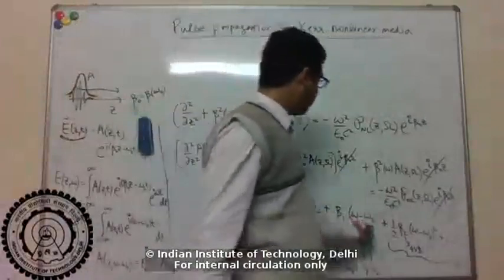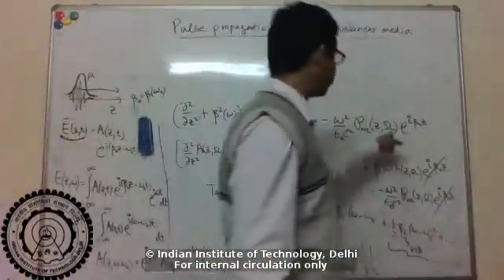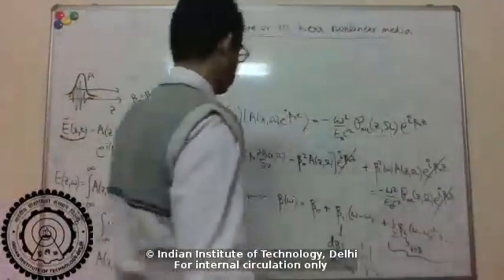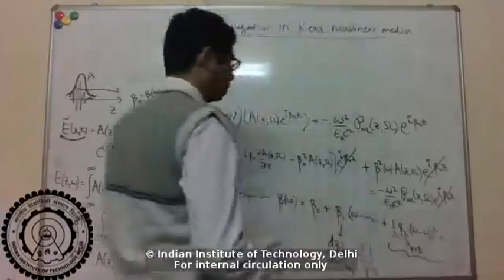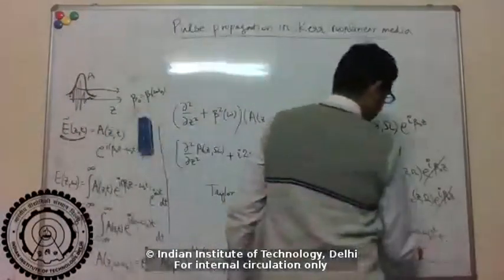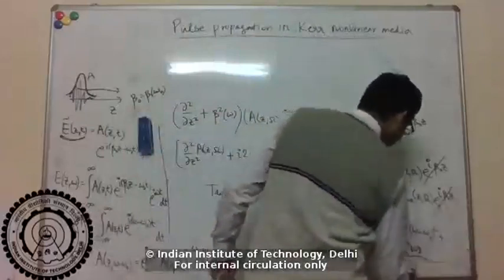So you can see this function only depends on omega minus omega naught, right? Which is basically this capital omega. So it's just a function of this capital omega.